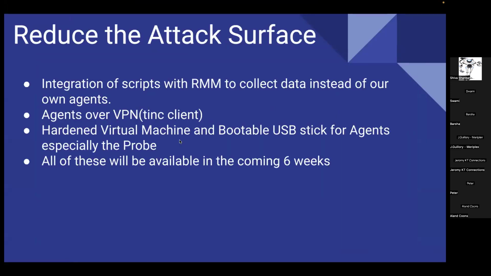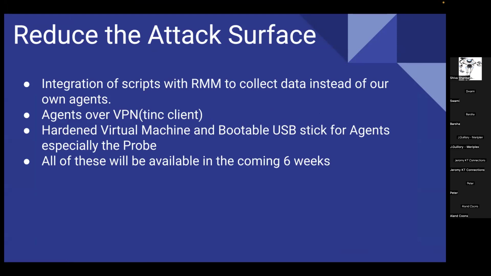So what are the other things that we are doing? In light of recent efforts, we are first going to look to reduce the attack surface that we are introducing into the system, right? One of the efforts in this space is that we are writing a bunch of scripts that can be integrated into your existing RMMs so that they can collect the data instead of us deploying agents to your machines.